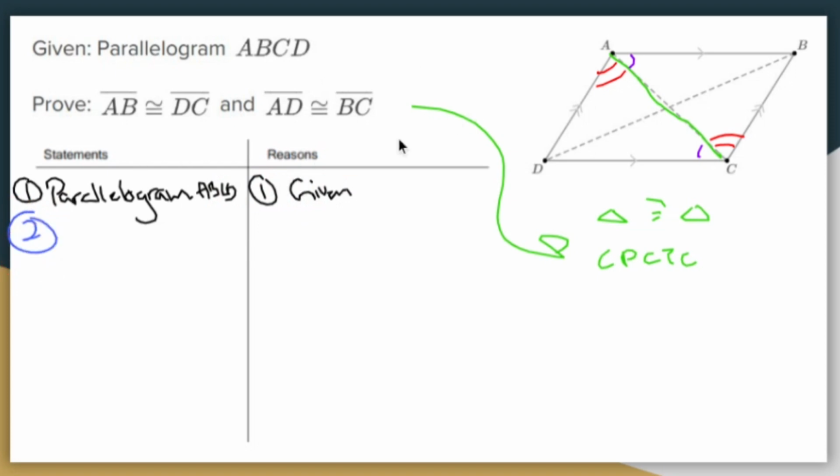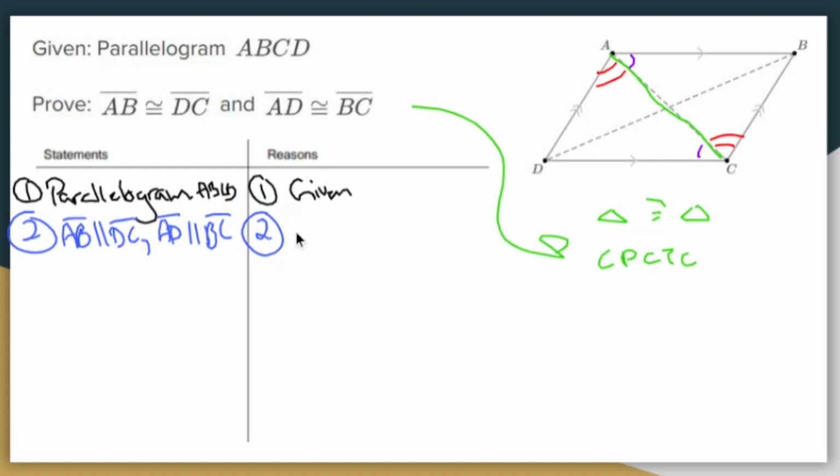Since it is a parallelogram, we will say that AB is parallel to DC. AB is parallel to DC. And I'll just say also that AD is parallel to BC. Okay, no harm in saying that.